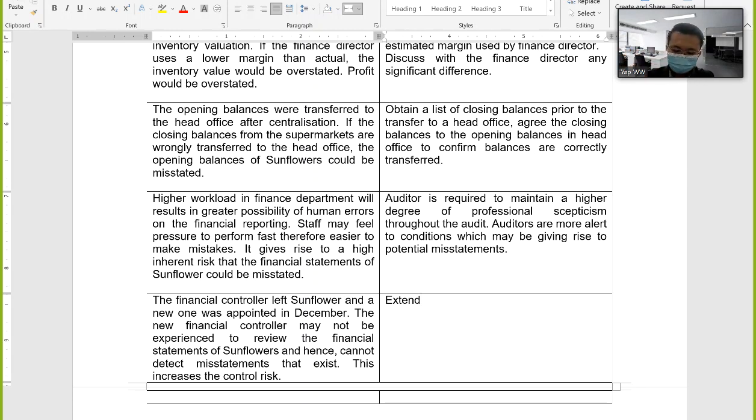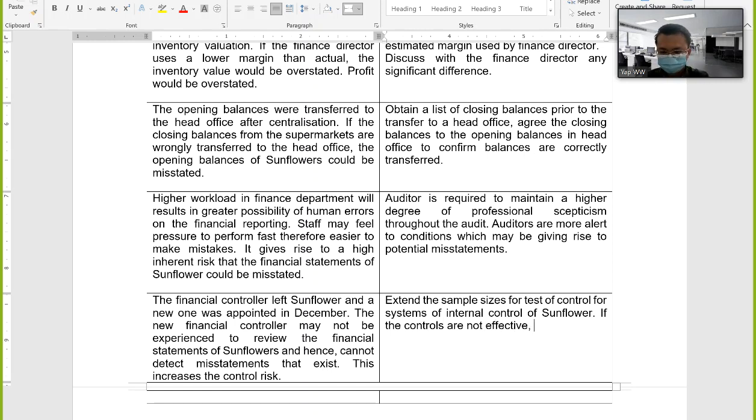Okay, now extend the sample size for test of control, because you think the control risk is high, so you do more for the control test. For the systems of internal control of Sunflower, if the controls are not effective, then how?